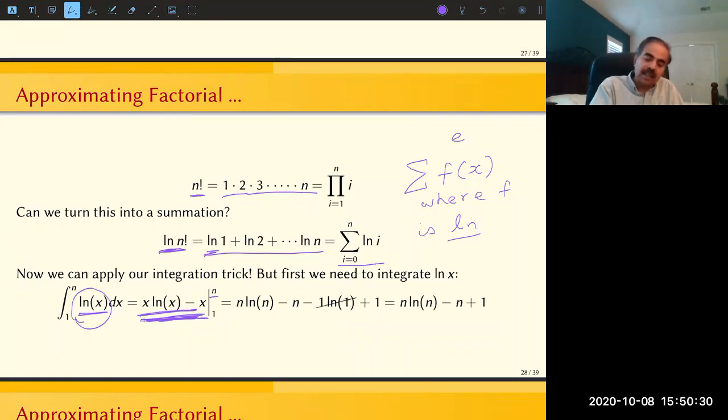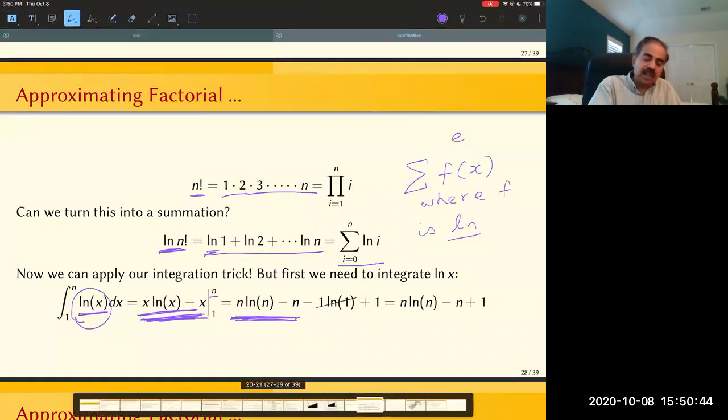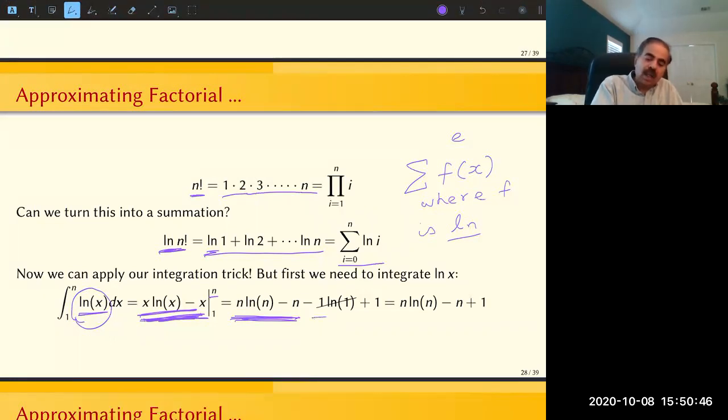Then we evaluate this function at n. We simply substitute n in the place of x, so you get n ln n minus n. From that, you subtract the value of the function at 1, which is 1 ln 1 minus 1. But there's already a minus here, so this minus is going to turn into a plus. Since the logarithm of 1 is always 0, you can cross it out. So you end up with n ln n minus n plus 1.